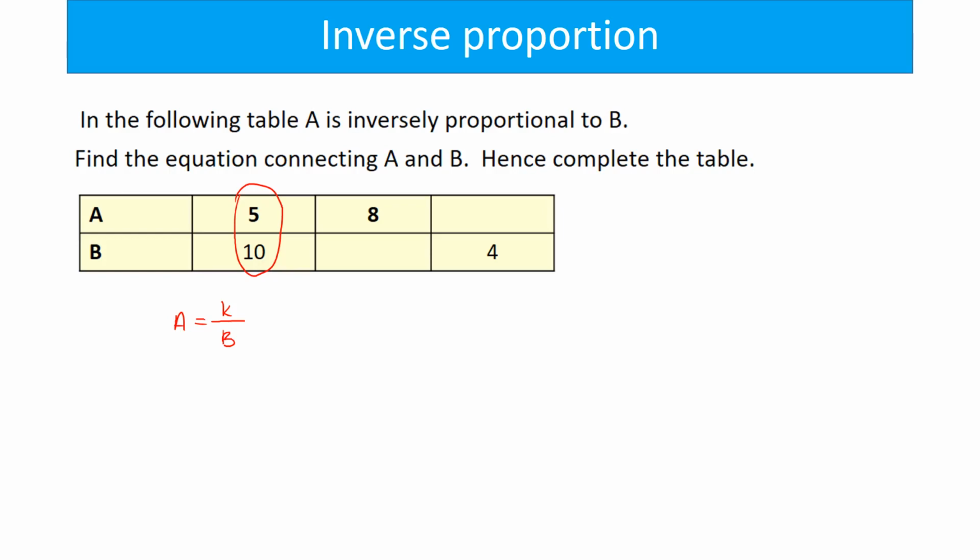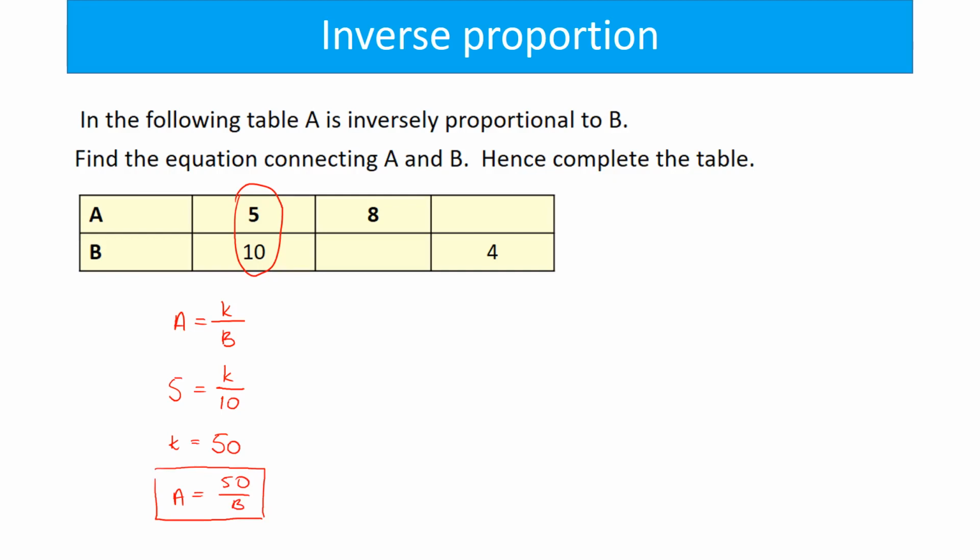The value of A is 5. The value of B is 10. To find k, I need to multiply the two values and I get 50. So A equals 50 over B. This is the formula. Now I can use this formula to find the missing values.